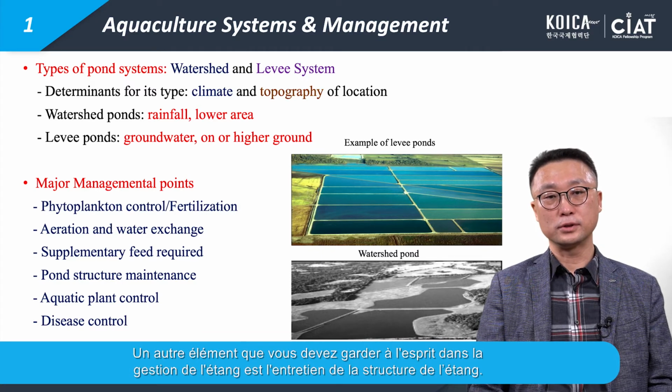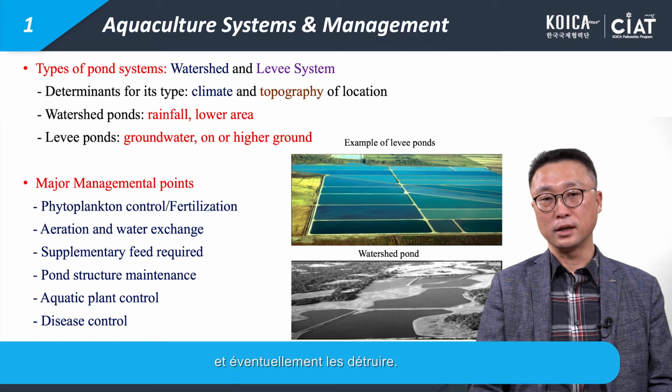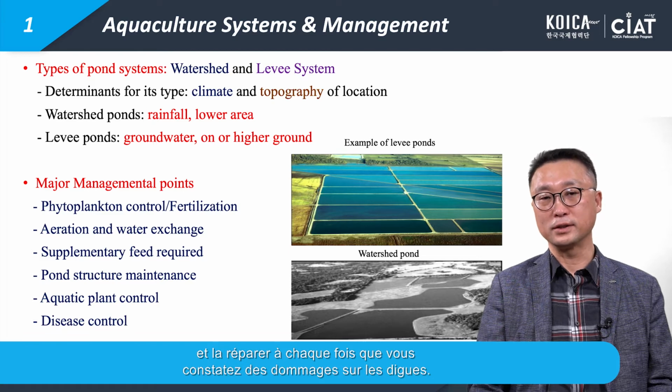The next point you have to keep in mind in pond management is pond structure maintenance, because the pond levee will erode with the water current usually generated by aeration. It keeps eating up the footage of the levee, and eventually you could have a collapsed pond levee. So from time to time you will have to restore the soil whenever you find serious damage on the pond levee.